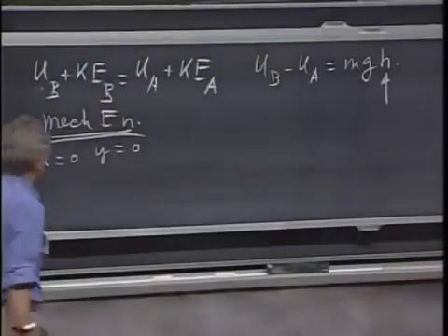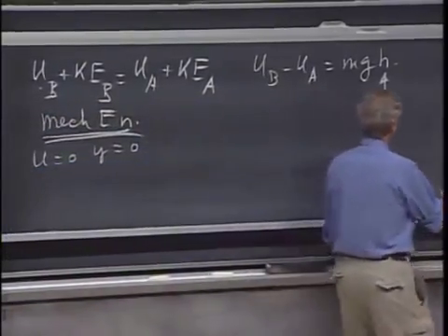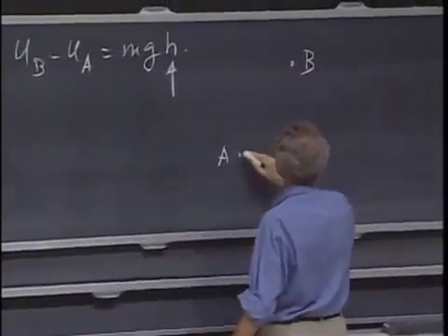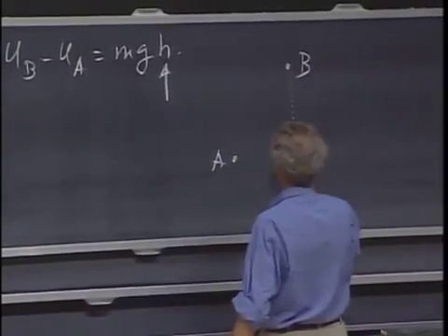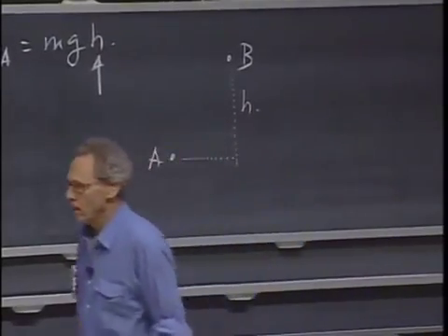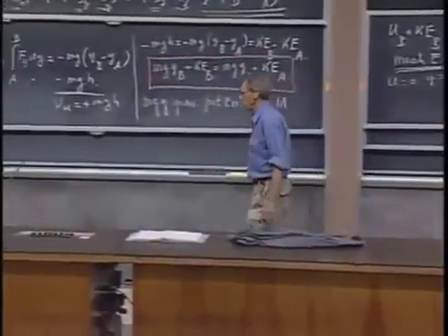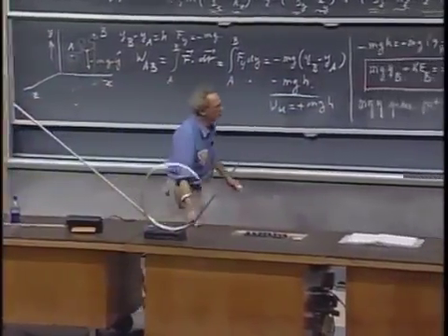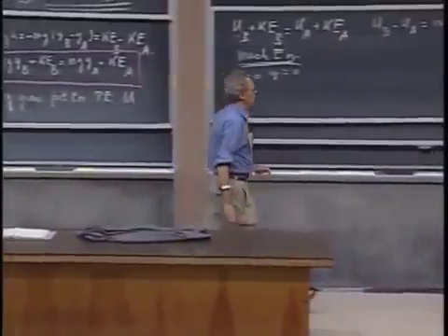It's easy to see. Suppose I have here point A, and I have here point B. And suppose this separation was h. Well, if you prefer to call zero potential energy at A, I have no problems with that. So we can call this u equals 0 here.